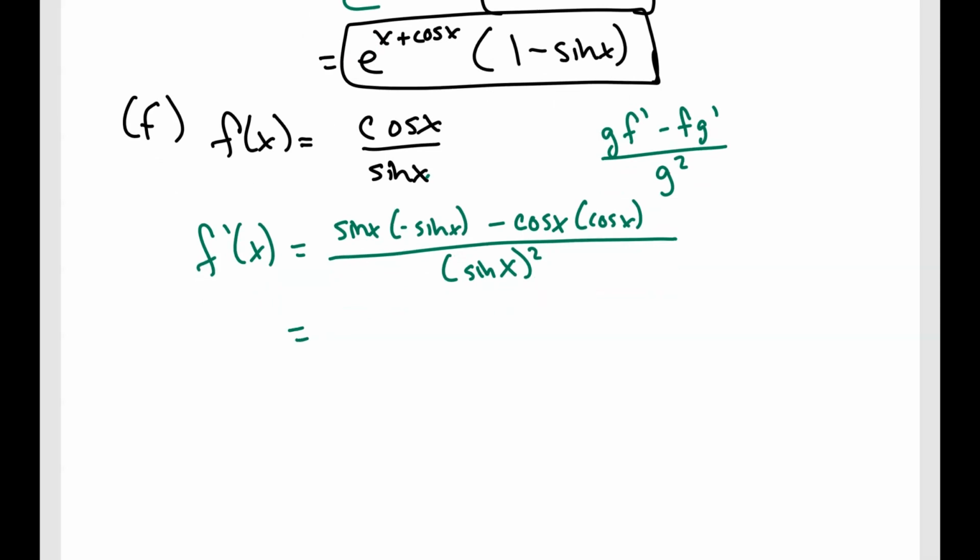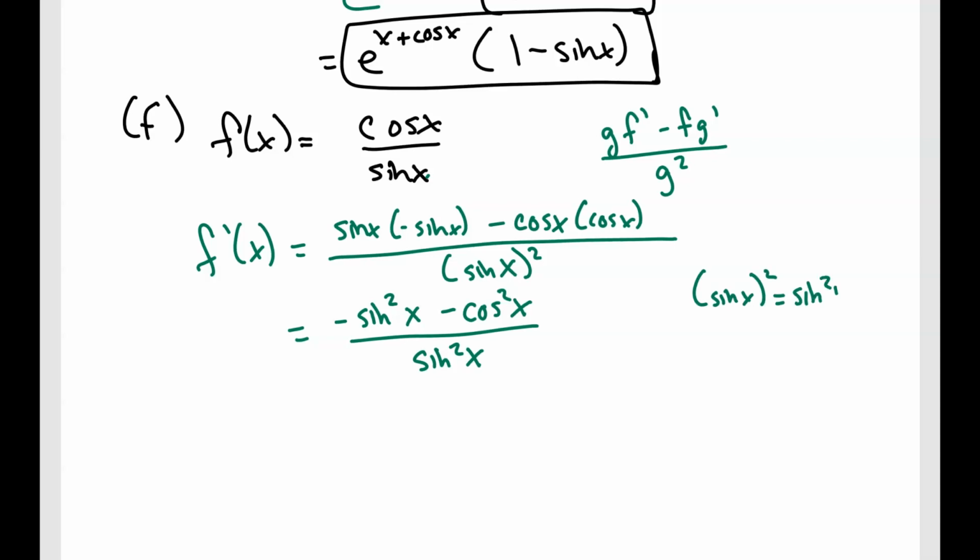So what I'm going to get is negative sine times sine gives me squared. The way that we really write squared is you write a square there and write an x there. Then minus cosine squared x divided by sine squared x. Usually whenever you see sine of x squared, you can write it as sine squared of x.